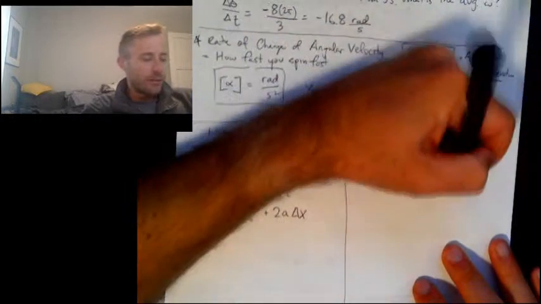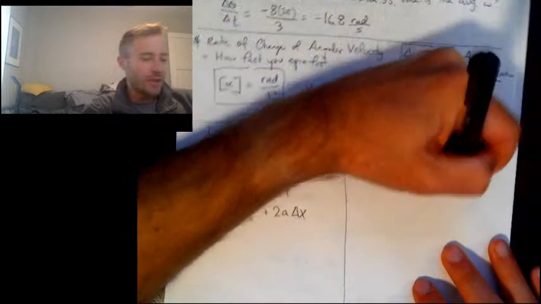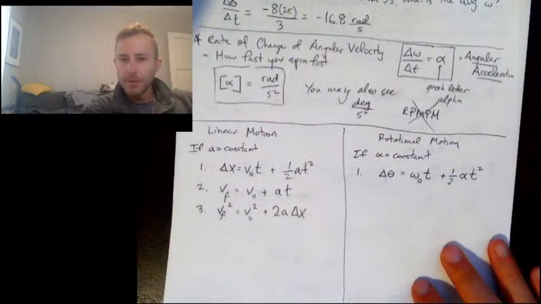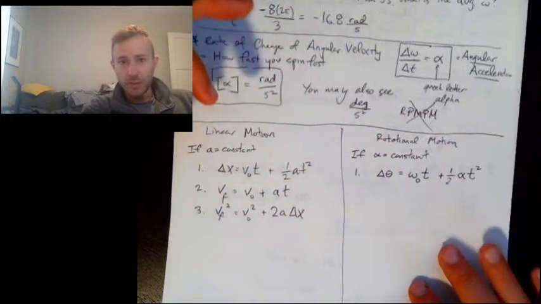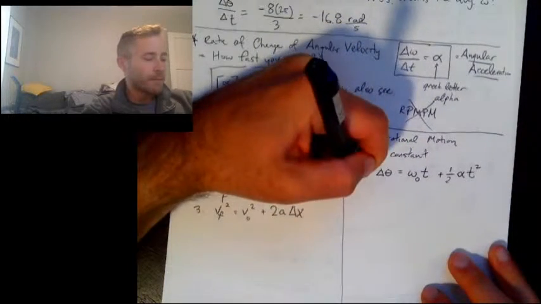Plus 1/2 the analog of linear acceleration, which is angular acceleration, times time squared. So that is the first kinematics equation written in the way of angular kinematics.